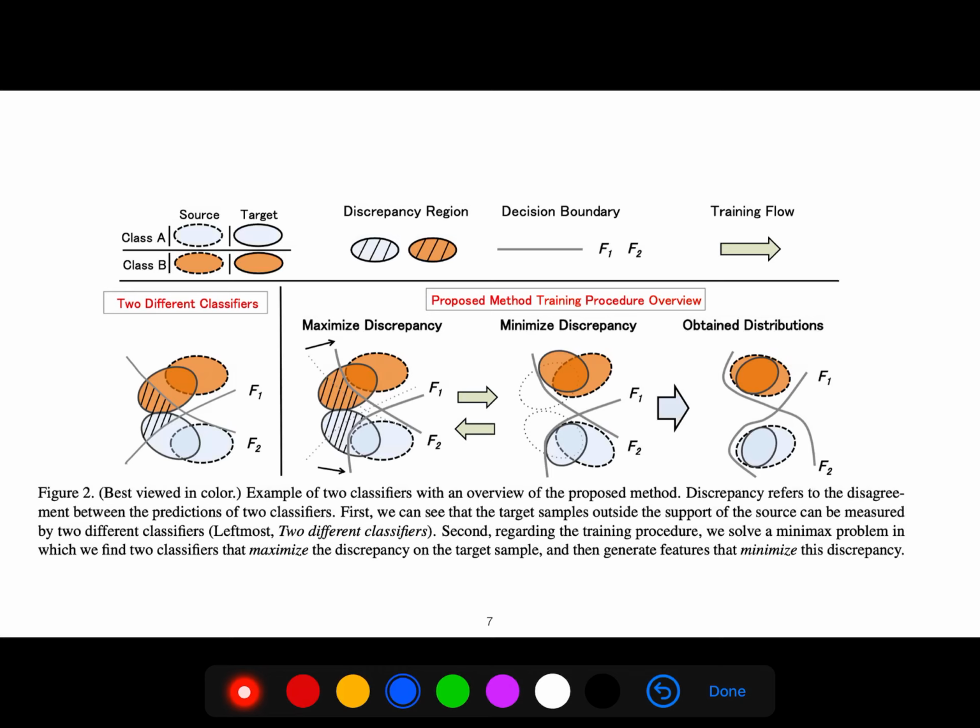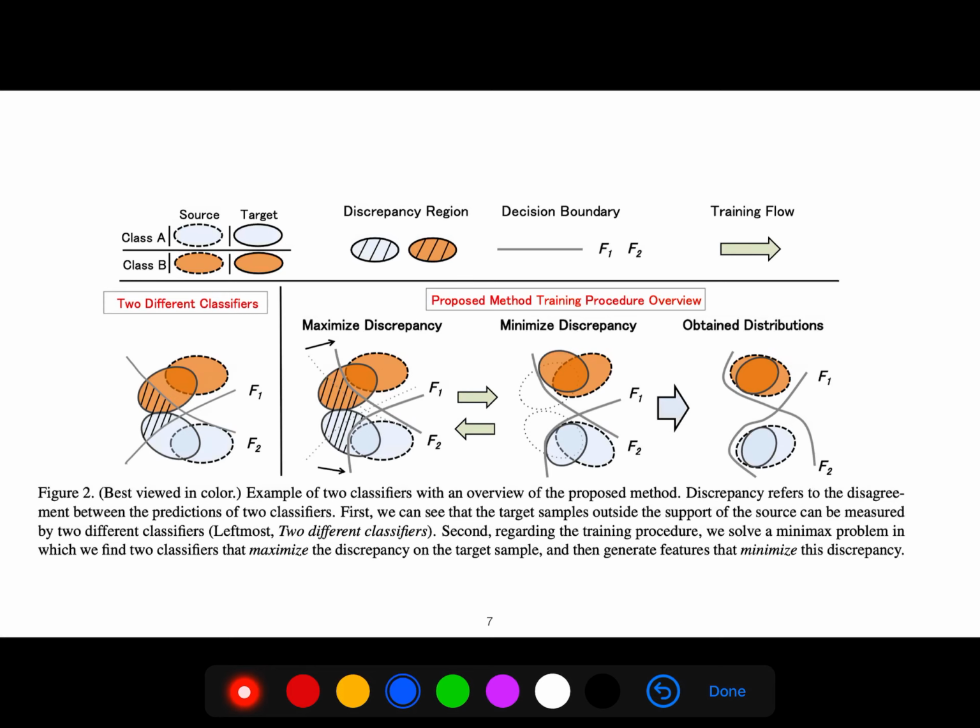So this is an example of two classifiers with an overview of the proposed method. Discrepancy refers to the disagreement between the predictions of two classifiers. First, we can see that the target samples outside the support of the source can be measured by two different classifiers.